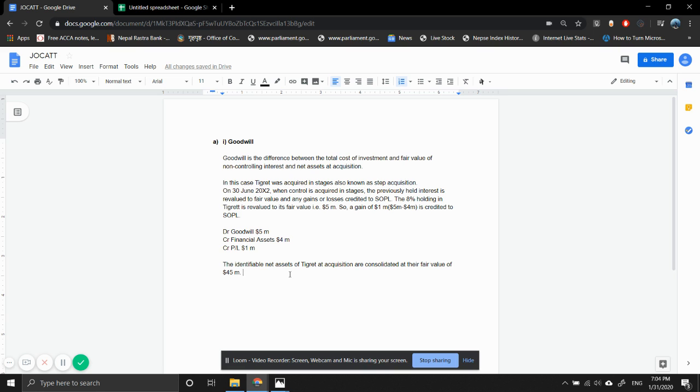So the identifiable net assets of Jocatt at acquisition are consolidated at their fair value of 45 million, whereas the carrying amount of the net assets as per tax base is only $35 million, right?